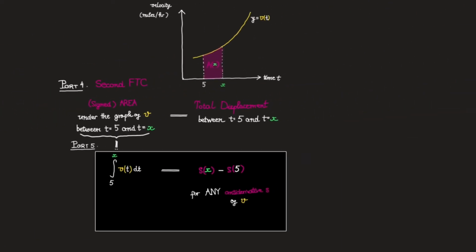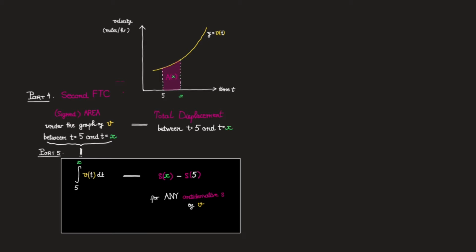So more generally, if we fix a starting time, say 5, then the second fundamental theorem of calculus said that to find the total displacement between our fixed starting point 5 and any other time x, we could just compute the area under the graph of the velocity function lying between 5 and x. As before, this area is denoted by the definite integral from 5 to x of v(t) dt.